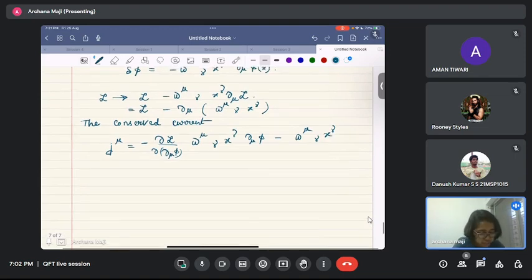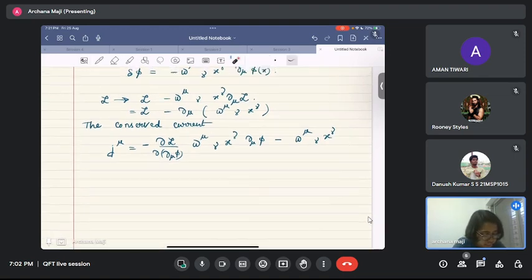You see why that is the case? That is the case because omega mu nu is antisymmetric under the exchange of mu and nu. You see, this will actually give two terms here. Let me explain it.